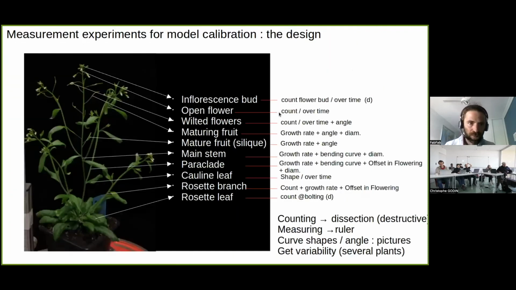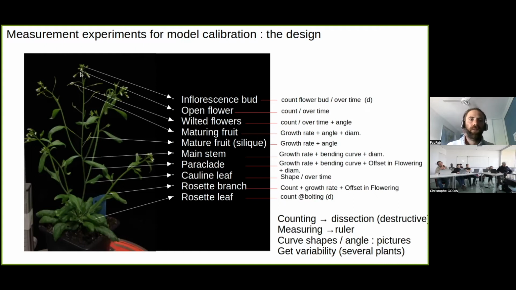So if I go back to here, for example, this fruit is the first fruit of this stem. Okay, so here, for example, I can count that just before the inflorescence bud, you've got 1, 2, 3, 4, 5, 6, 7, 8, 9, 10, maybe 11, 12, 13, 14 behind, and 15.